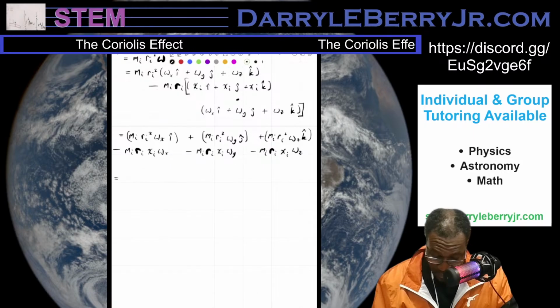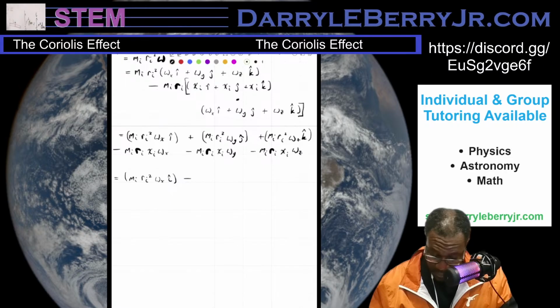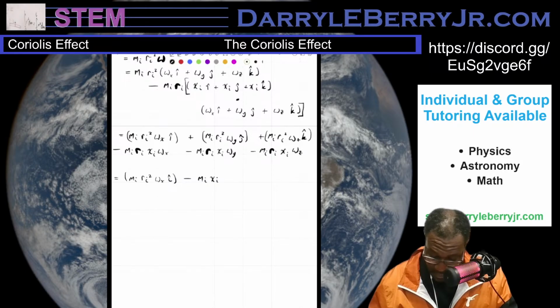Equals m r squared wx I minus m I squared wx minus mi.